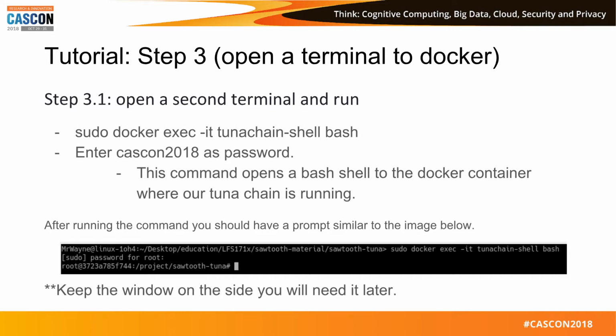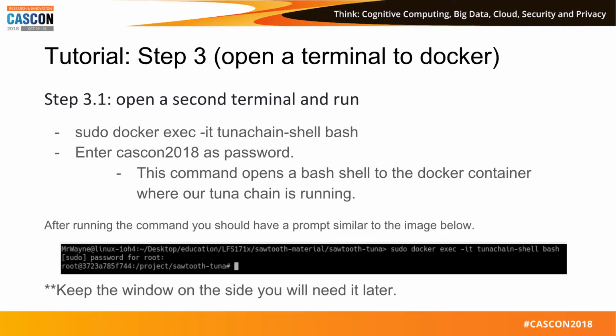On the next step, step 3, go ahead and open a second terminal. You can follow the same steps that we did in step 1. Navigate to the folder, right click, and then open terminal here. On that new terminal, you're going to execute the docker command, the one you see here, and then you're going to type the password Cascon2018.